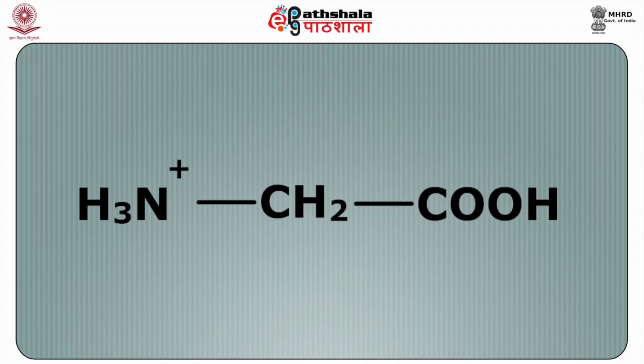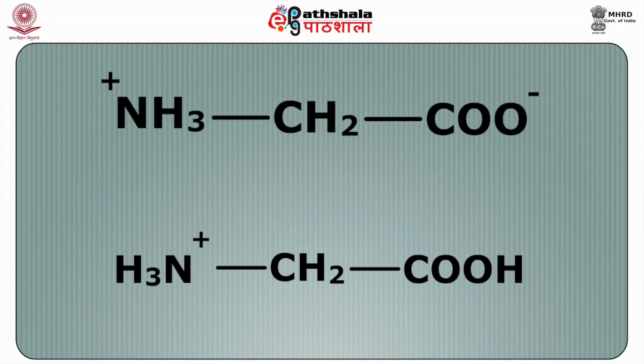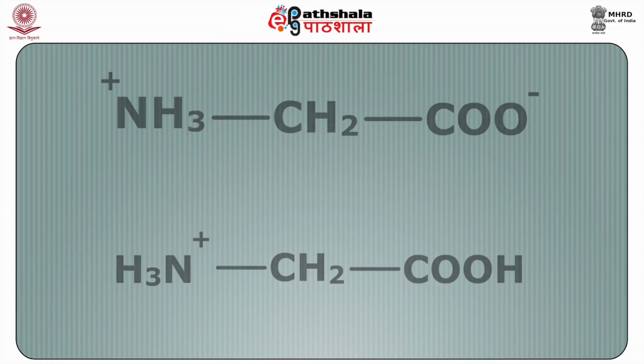In the first stage, at very low pH, the predominant ionic species of glycine is the fully protonated form. At the midpoint of the first stage, in which the COOH group of glycine loses its proton, equimolar concentrations of proton donor and proton acceptor species are present.